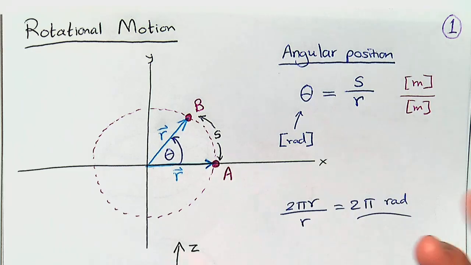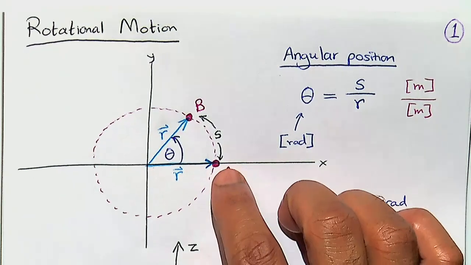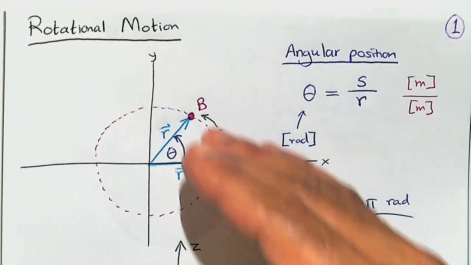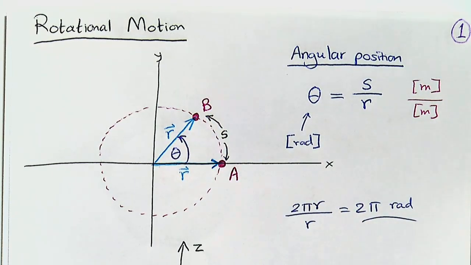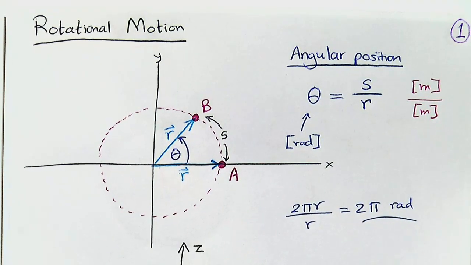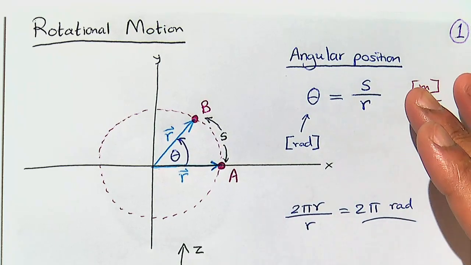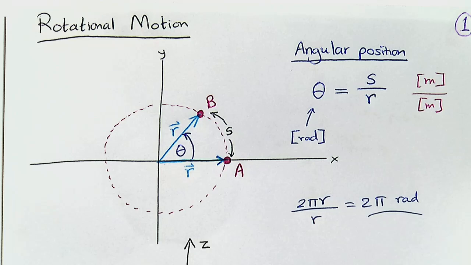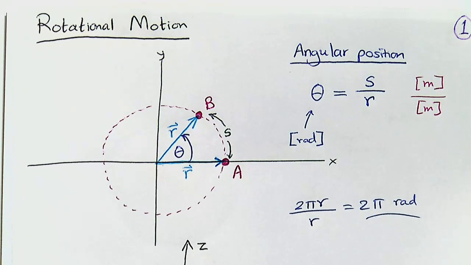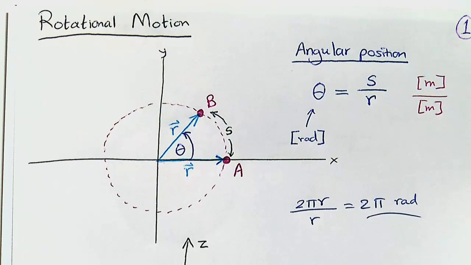Just saying 30 degrees doesn't really help if you're trying to come up with the direction that you traveled. So if you're saying I went from A to B, then 30 degrees has to also account for that. That's why for angular position you need some sort of direction, otherwise it's not clear whether you are going clockwise or counterclockwise. And clockwise and counterclockwise is not very precise, okay?